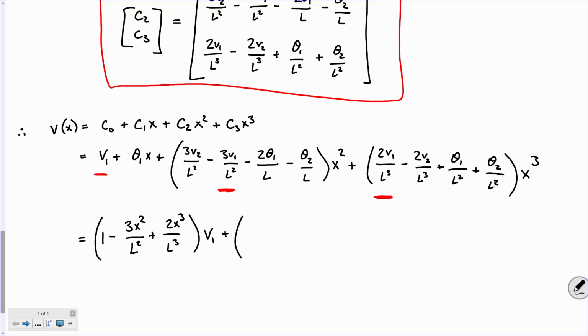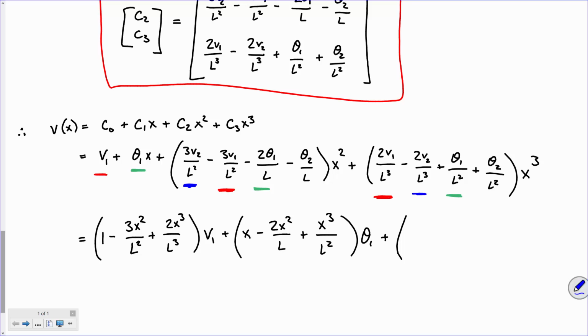Plus, now let's do theta 1, because that was the order: V1, theta 1, V2, theta 2. So what do we have for theta 1? We got this one, this one, and this one, right? So we've got x, minus 2x squared, x cubed. Okay. Now V2, we got this one, and this one.